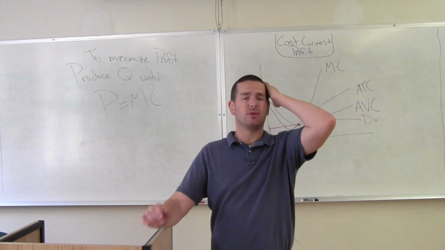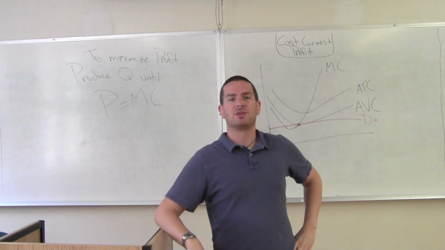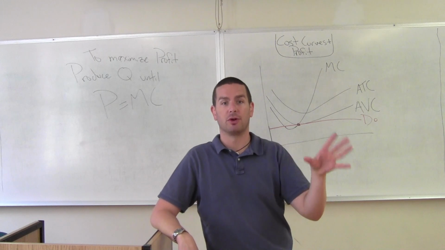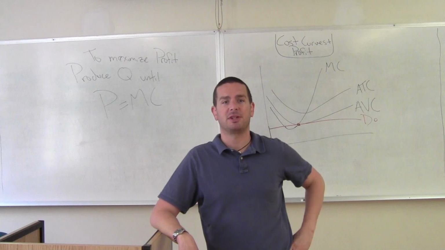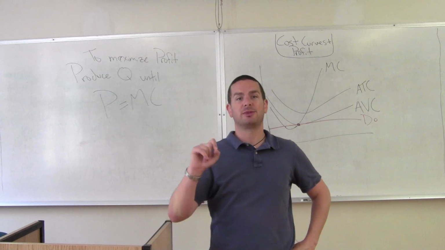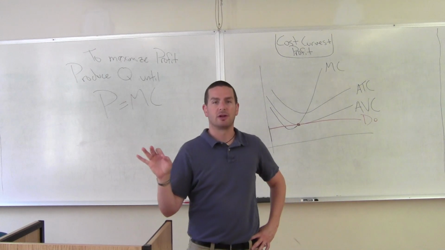So the shutdown point is where price is equal to average revenue, which is always true in perfect competition. But the shutdown point is where price is equal to average revenue, which is equal to average variable costs.